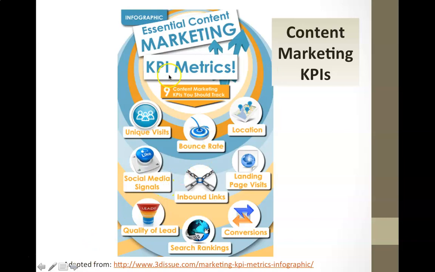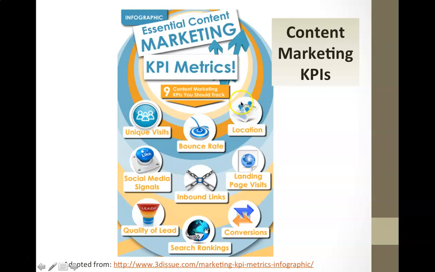This is just a little infographic, and you can have a look at this yourself, and I'll go through some of these: unique visits, obviously unique visits to a website, bounce rate, and we'll go through this again in the future, but the bounce rate is how long people stay in your website. You can now find out where your visitors are looking from.